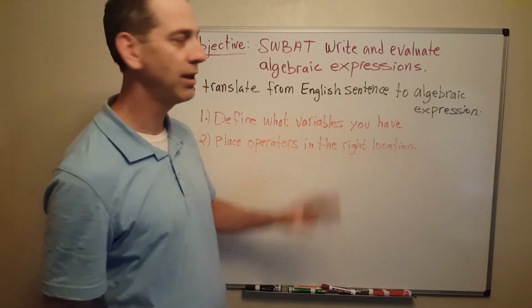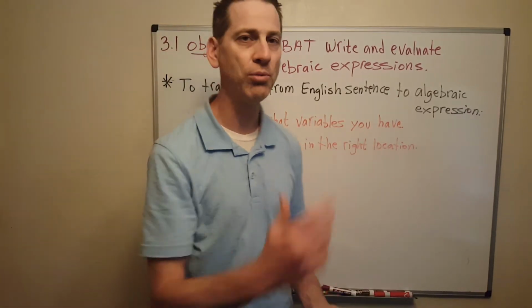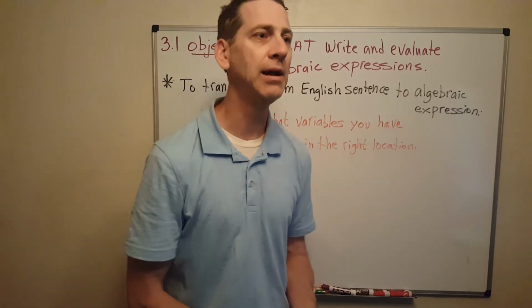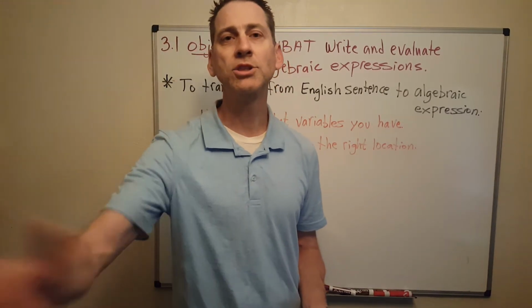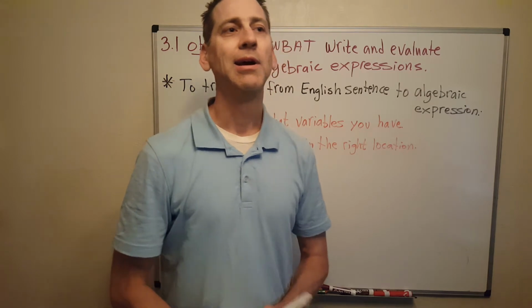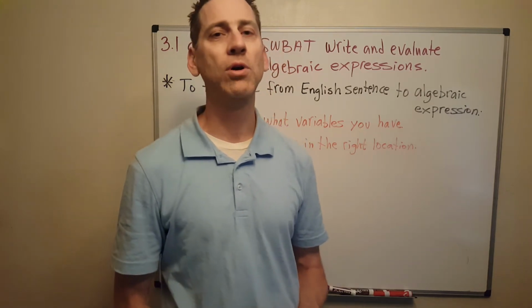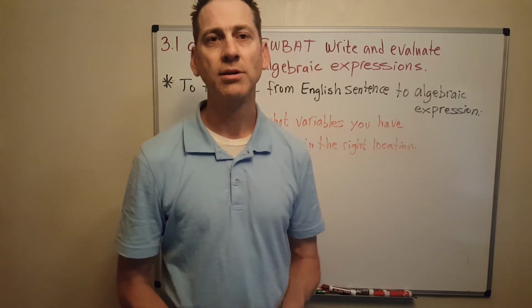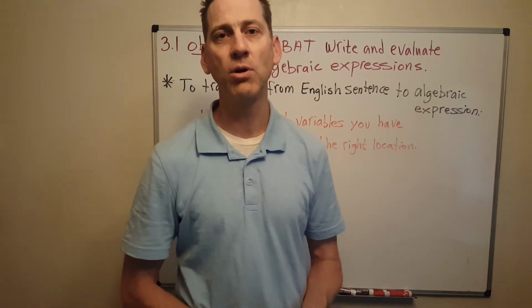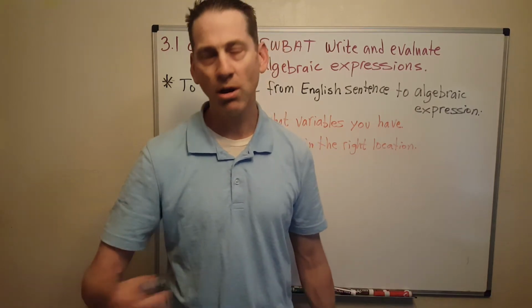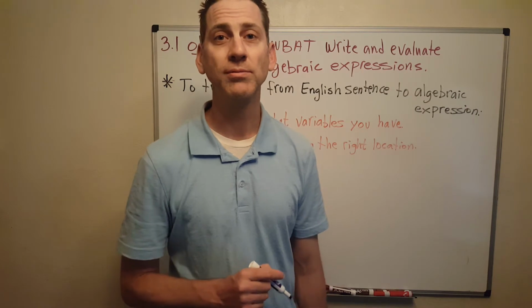And I'll show you. Let's do an example. Let's say I said, Sheila has 2 more cell phones than Tom. Sheila has 2 more cell phones than Tom. All right, what's my variable?